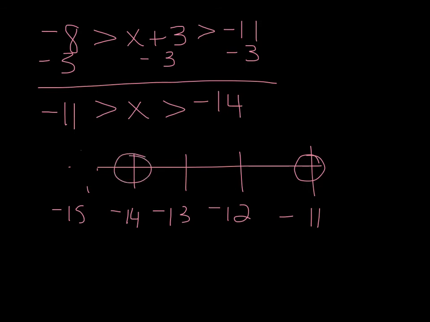And it says x is less than negative 11, so less than would be to the left. And it also says x is greater than negative 14, greater than would be to the right. So here is your graph. To write interval notation, it would be parentheses, negative 14, comma, negative 11, parentheses again.